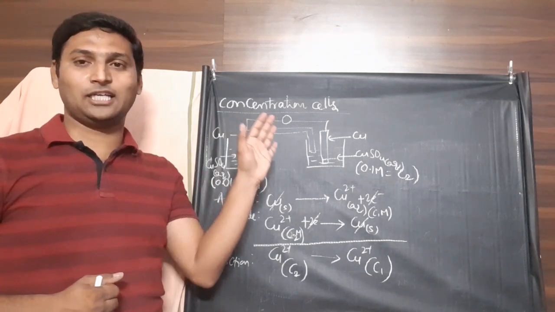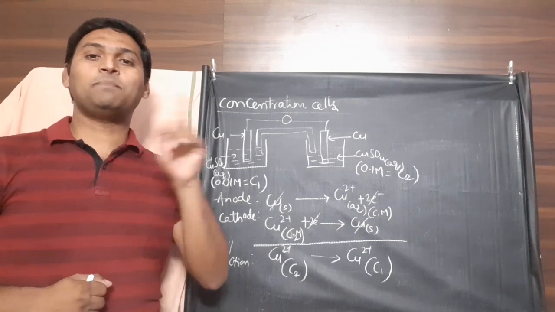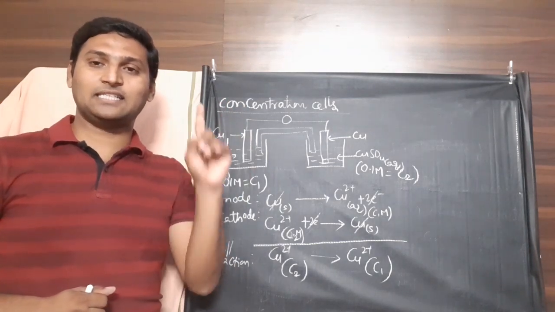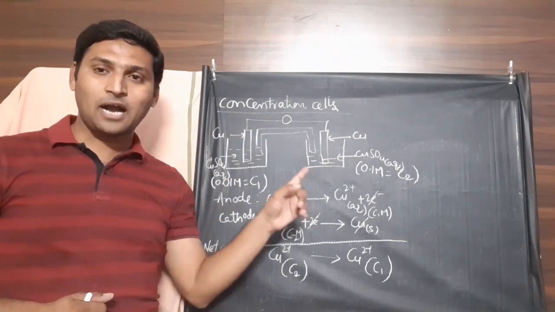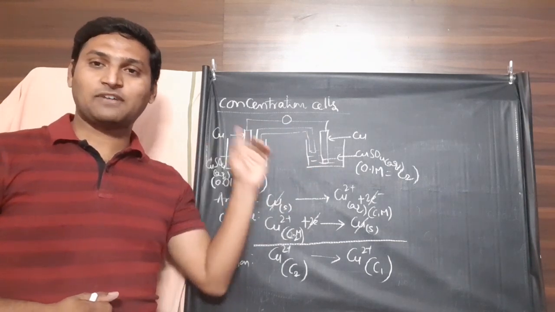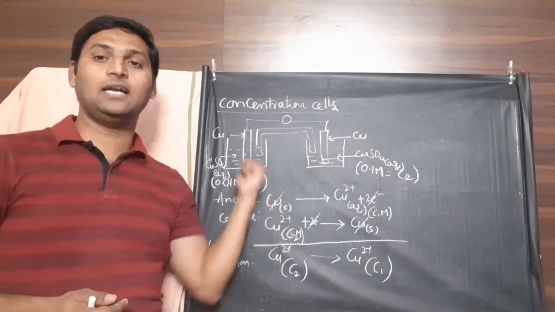That is how a concentration cell functions. Now, the most important part of this. So you understood the basics of concentration cell. A concentration cell is a special type of galvanic cell in which both the electrodes have the same composition but different concentrations of solutions. Because of the concentration gradient, in order to equalize the concentration, the electrode reactions occur and voltage is generated.